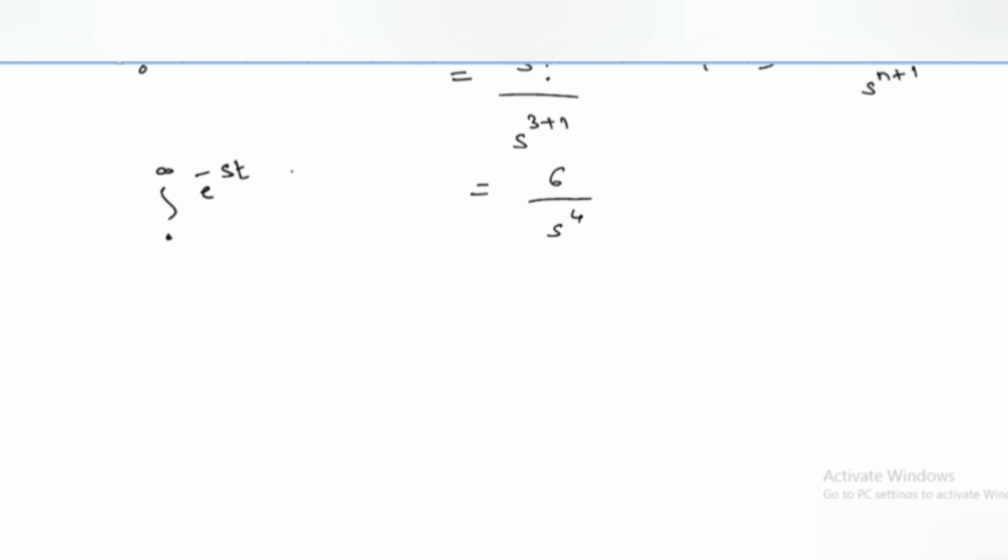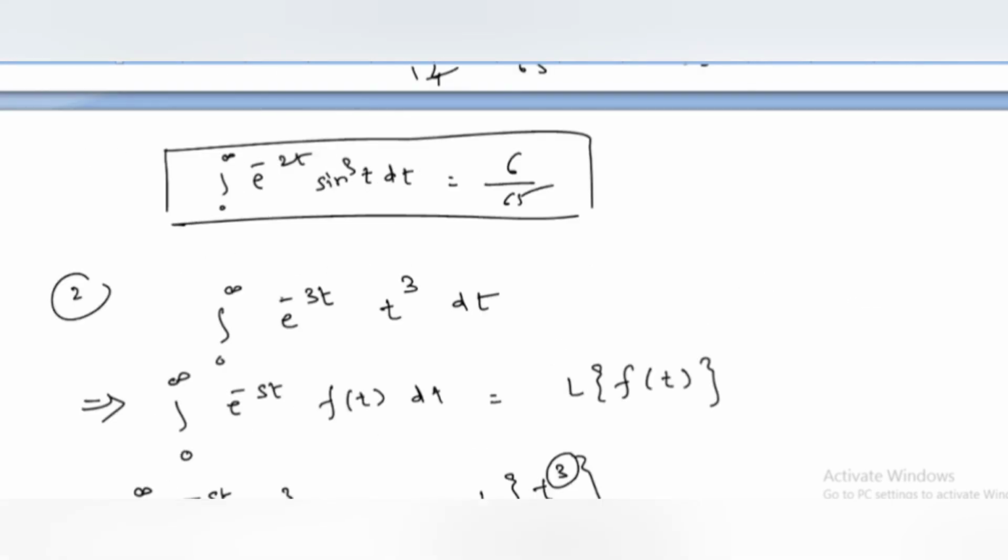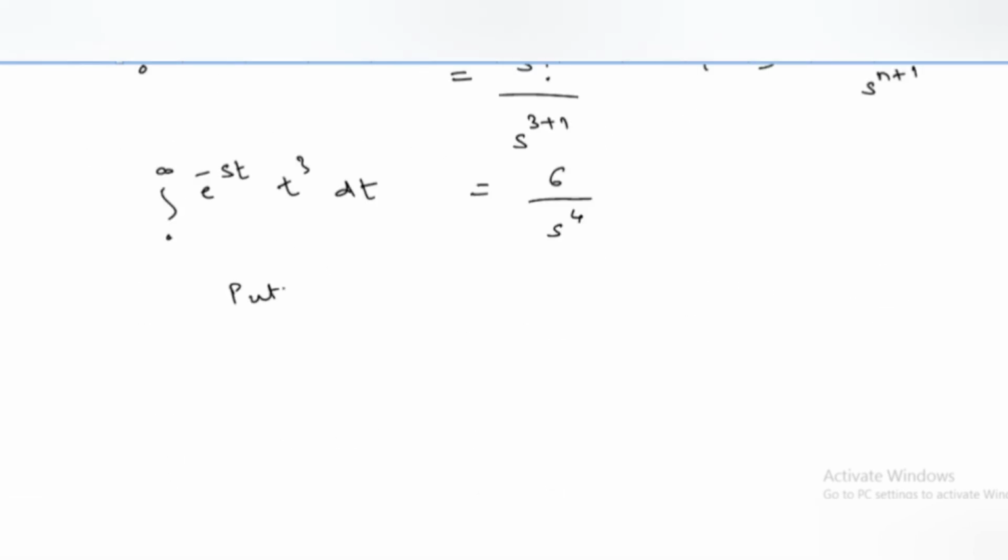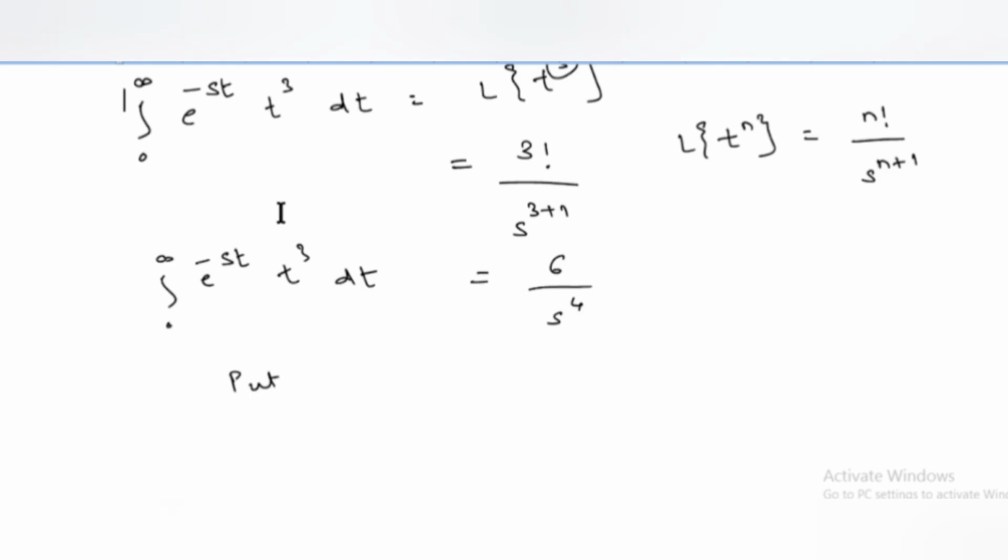Here s is 3, because we find the integration from 0 to infinity e raised to minus 3t t raised to 3 dt. When we compare both these equations, we get the value of s, which is 3.